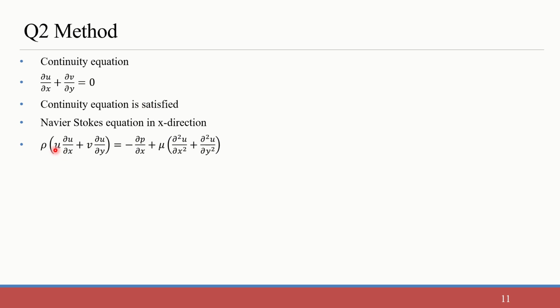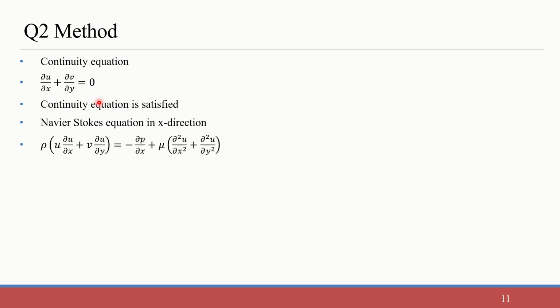So it is rho into u into dou u by dou x plus v into dou u by dou y equal to minus dou p by dou x plus mu into dou square u by dou x square plus dou square u by dou y square. Here u is there, but u is not varying with respect to x, so this term becomes 0. And u is varying with respect to y, but v is 0, so the whole term on the LHS becomes 0.